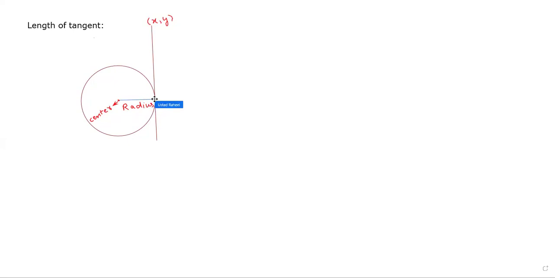Okay, what are the things we are going to do over here to get our result? First thing, what they are going to give you: first of all, they are going to give you the equation of circle with coordinates from which the tangent is coming.